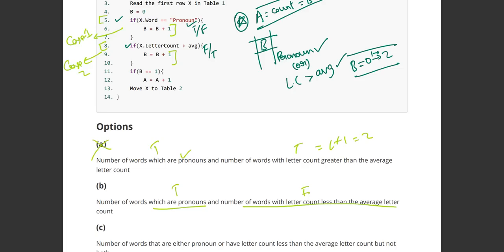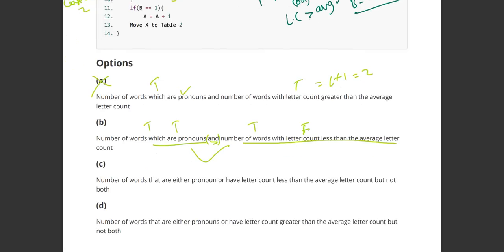In that way this is false, and we have missed the equality condition. Along with that, there is an 'and' notation here. 'And' in the sense, number of words which are pronouns and number of words with letter count. This has been classified into two parts, but we need the combination of the two categories.